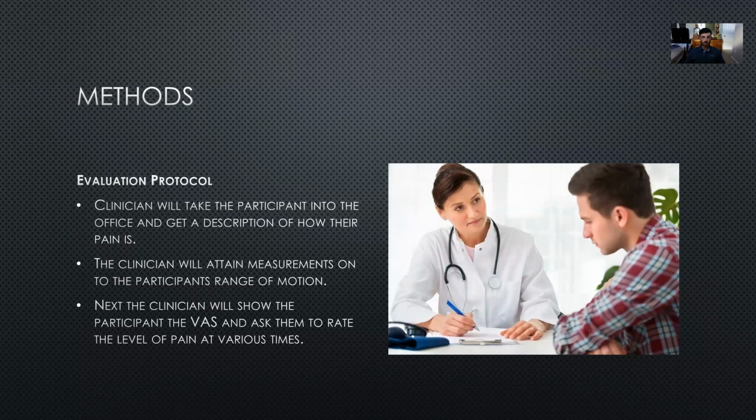And then the clinician will get the measurements using a goniometer for their range of motion, which includes flexion, extension, and then lateral flexion going side to side. And then the clinician will give them the visual analog scale and ask them to rate their level of pain, as well as give them the ODI to fill out.